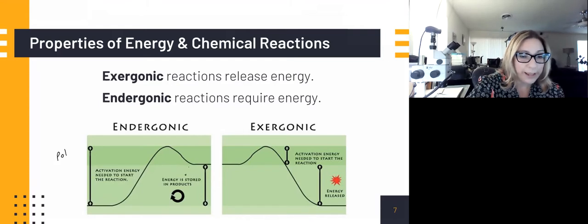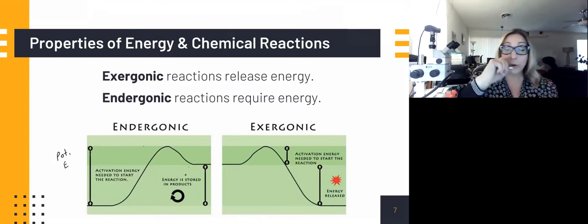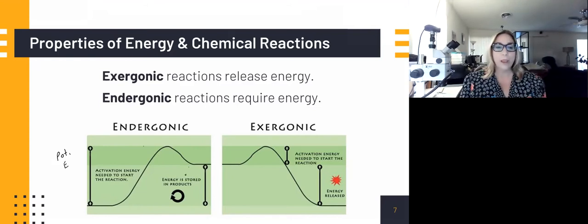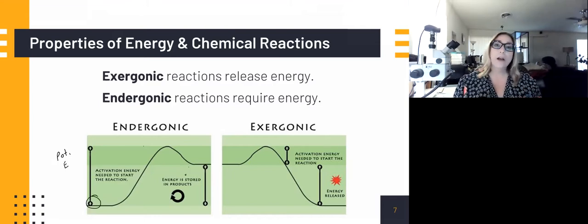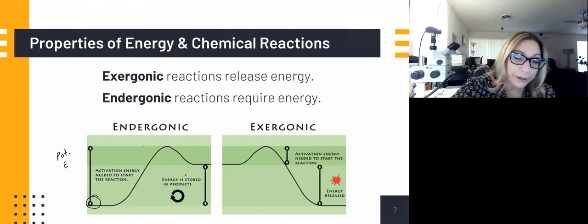I'm going to abbreviate that. A capital E is the symbol for energy. So if you look right here on my graph where I'm circling, that would be a small molecule, very few bonds. Its potential energy is low. So I'm going to write small right here.